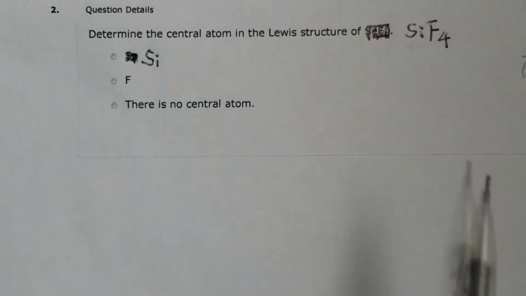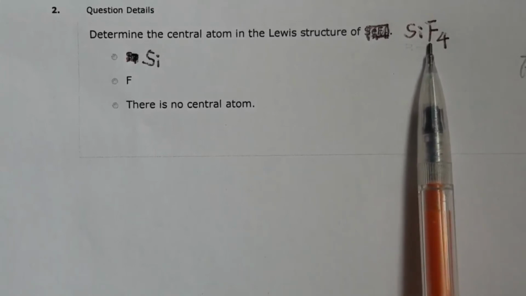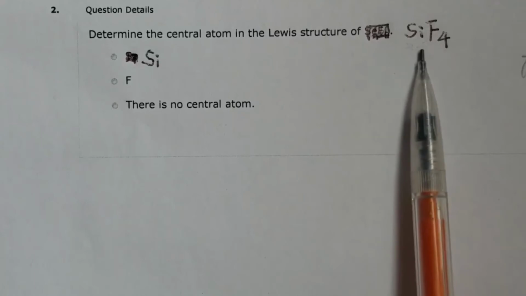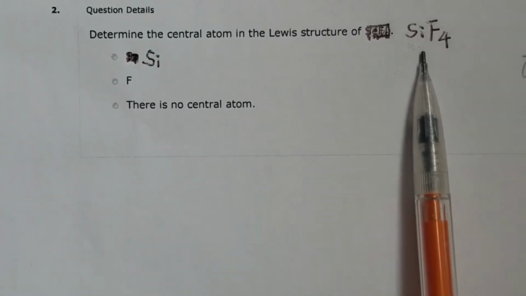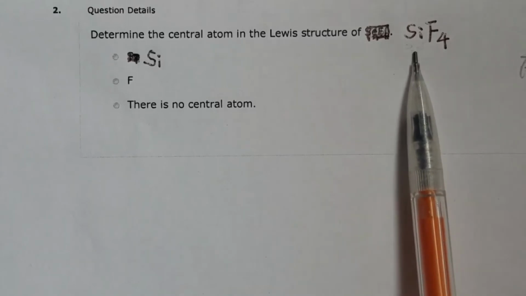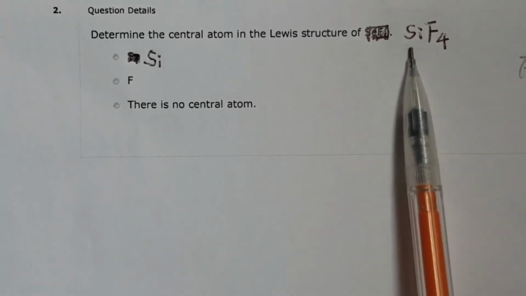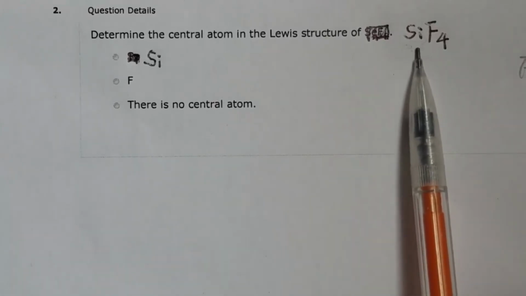The next step is to check if the first element is less electronegative than the other elements. If the first one is not less electronegative than the other elements, that may not be the central atom.